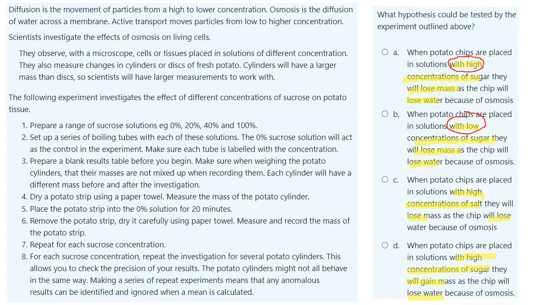Okay, so let's look at the passage. Diffusion is the movement of particles from a high to a low concentration. So particles go from a high concentration to a low concentration. Osmosis is the diffusion of water across a membrane. Active transport moves particles from low to high concentration.